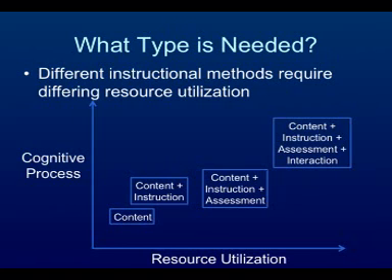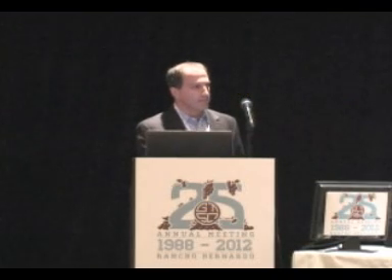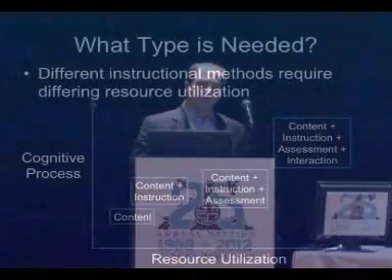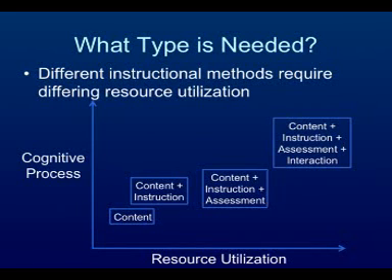I mean, really, that's only going to hit things like remembering and maybe understanding. As you start to add complexity to the instructional method, so you add instruction, meaning you don't just throw all the content at them, but you organize the content, you set it up specifically, you highlight which content is most important, well, that takes time and uses more resources, but it also hits higher cognitive dimensions.